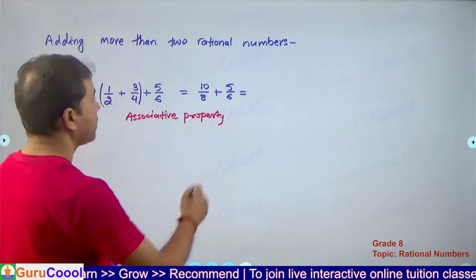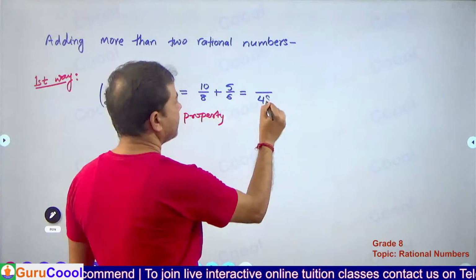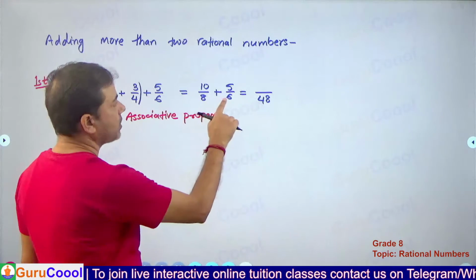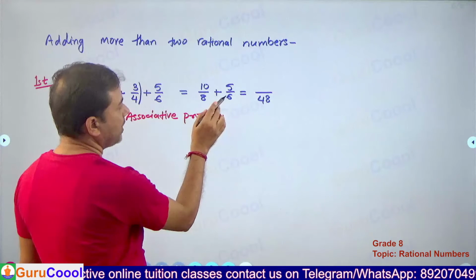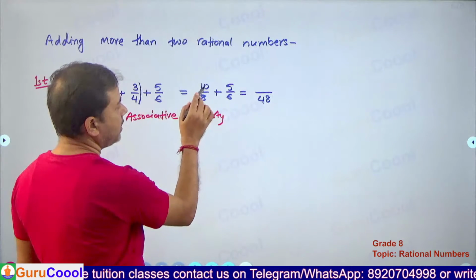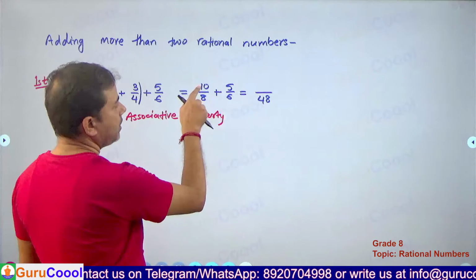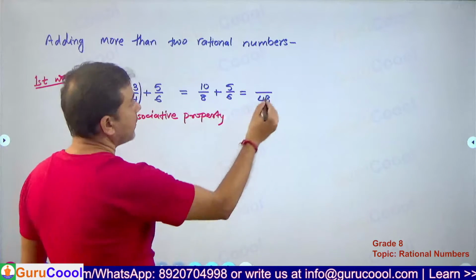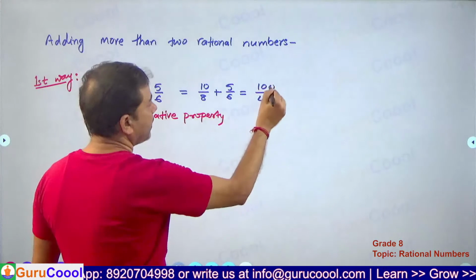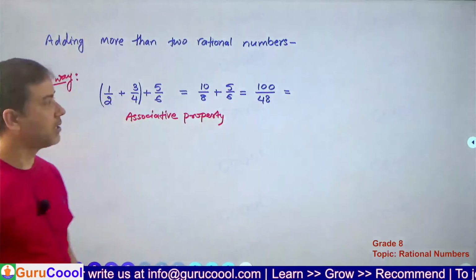I'm going to do the shortcut. 8 6s are 48, denominator times denominator in the denominator. Now cross multiply. 6 10s are 60 plus 8 5s are 40. 60 plus 40. What is that? 100.